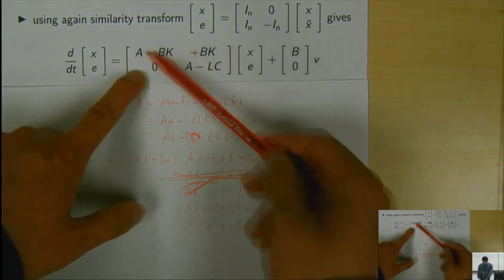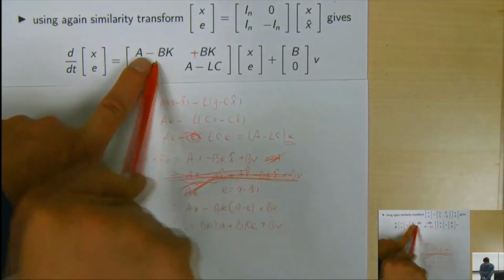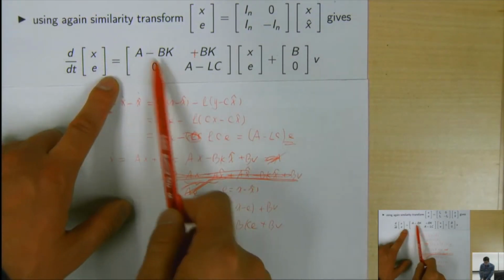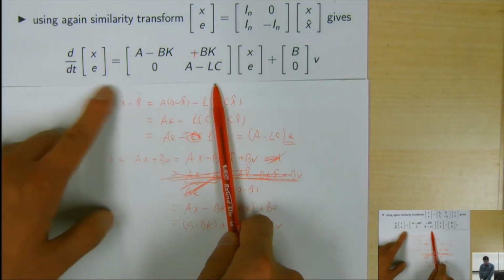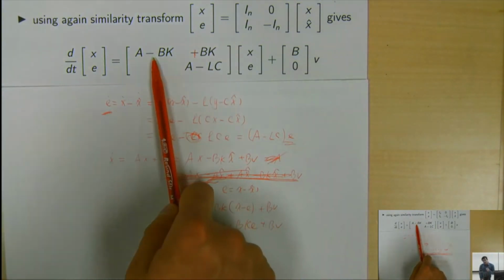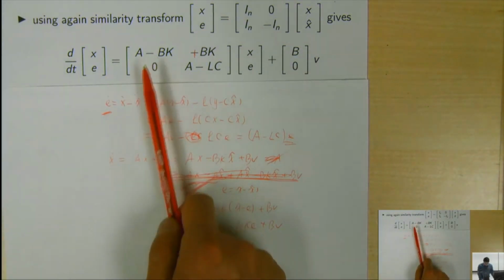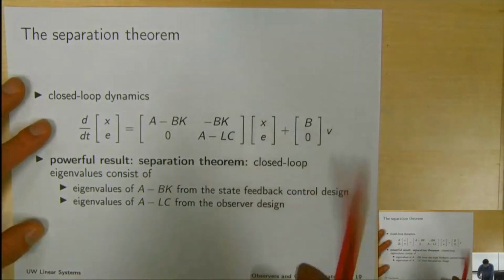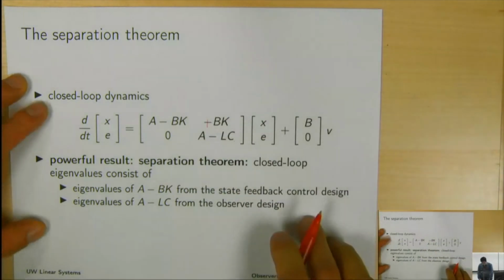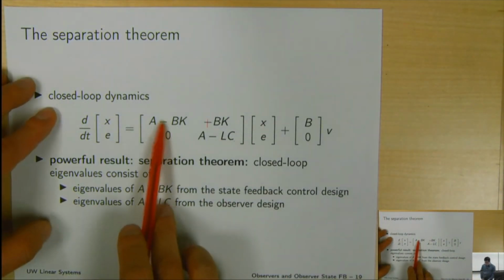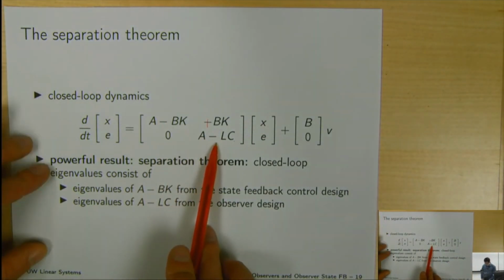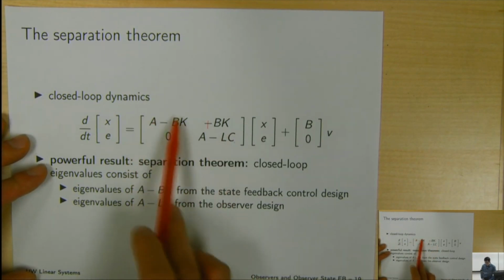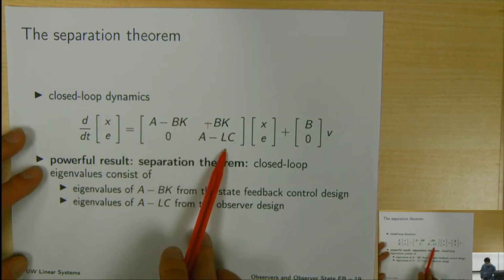The key point that we can recognize is that these dynamics are separated into two submatrices. The two submatrices, A minus BK and A minus LC, are going to define the eigenvalues of this upper triangular matrix.